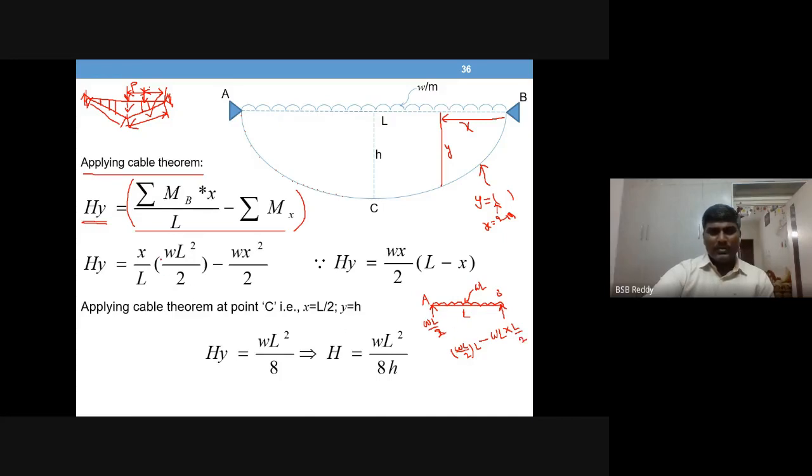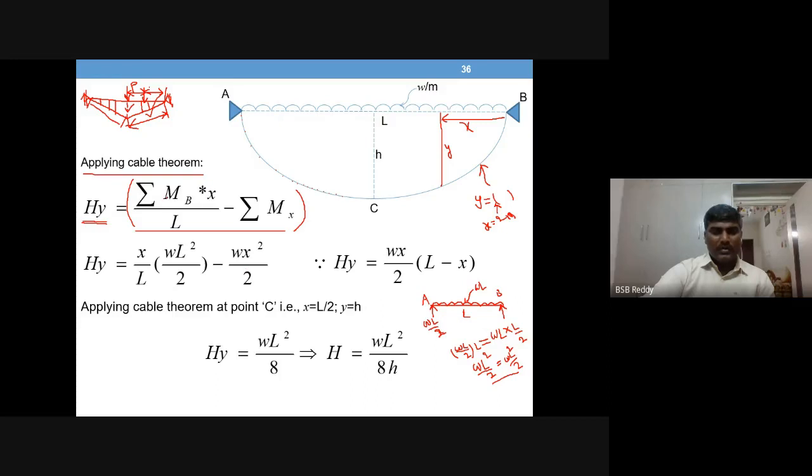So that is sigma MB, into x by L. In both cases you are getting WL square by 2, so MB is 0. Sigma MB is equal to 0. So we are proving WL square by 2.